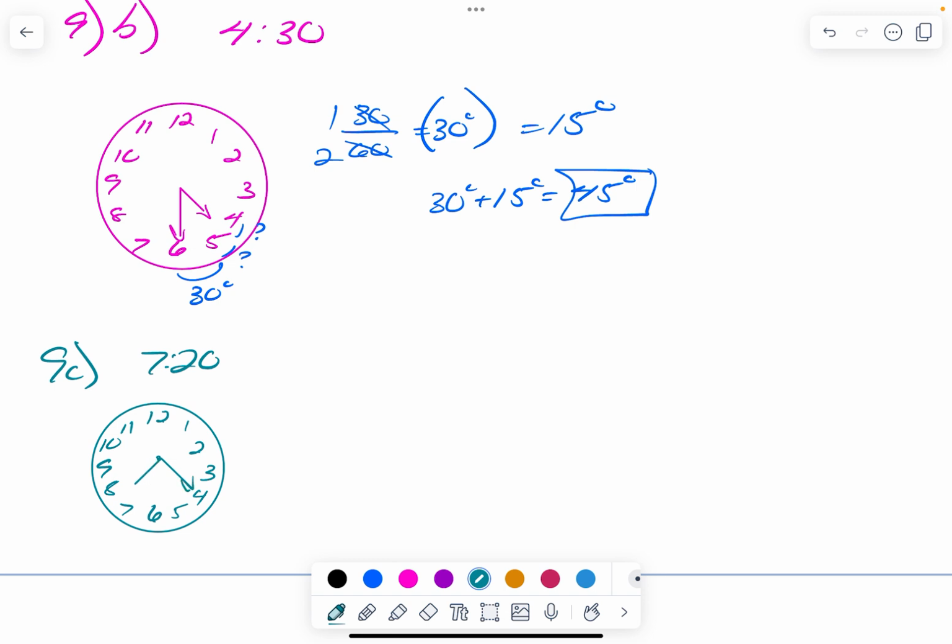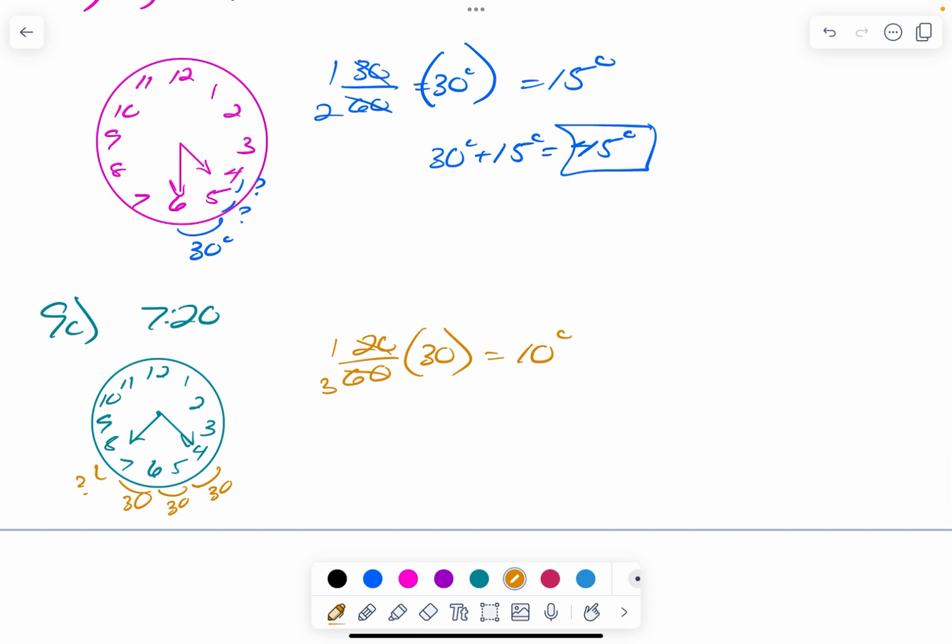This is going to be part of the way. 30, 30, 30. This is what's in question. And so it's moved 20 minutes out of 60 minutes times 30. And we actually did this one before. It's going to be 10 degrees. So 30 times 3, we got 3 30s plus 10, 100 degrees.